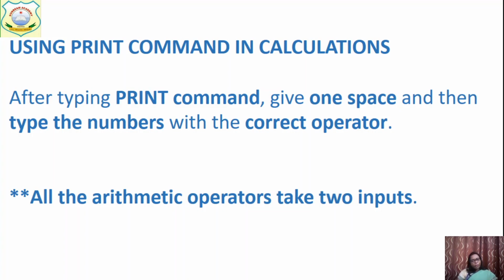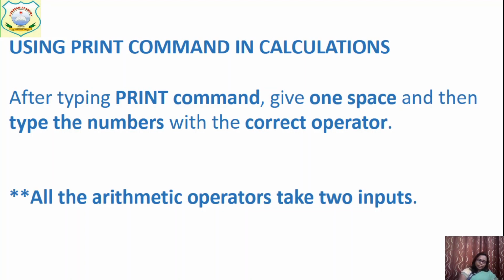All arithmetic operators need 2 inputs: 2 plus 3, 4 plus 5, 10 divided by 2, 4 multiplied by 5, or 6 minus 2. So we should have 2 inputs, 2 numbers and 1 operator. What we have to do is write print, then space, then type the number, the correct operator, then the second number.